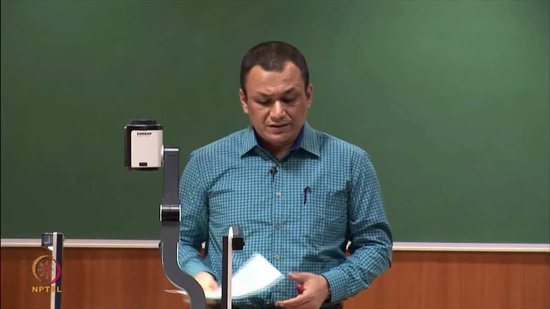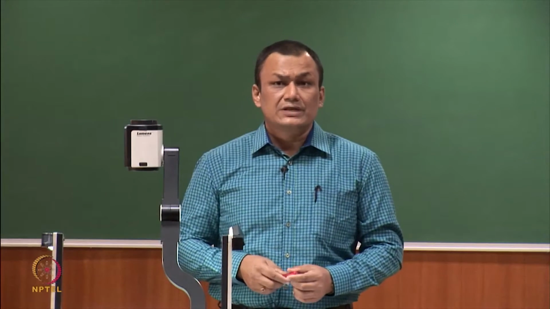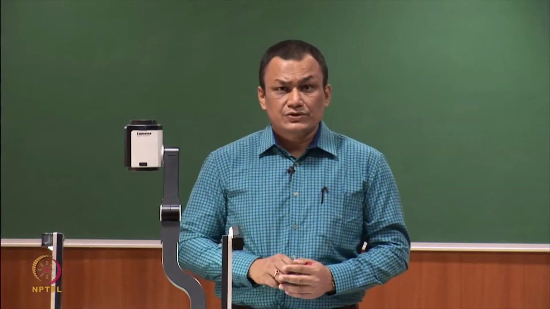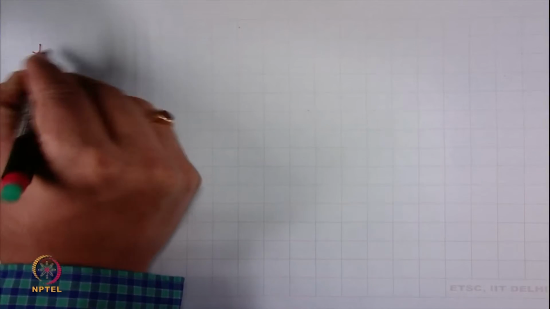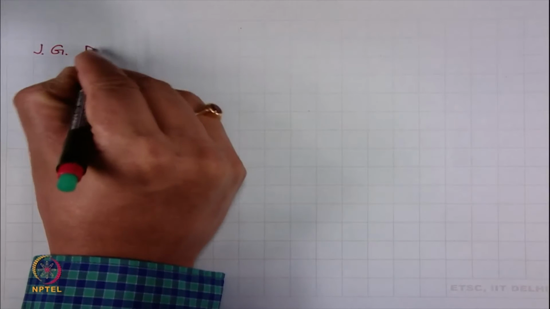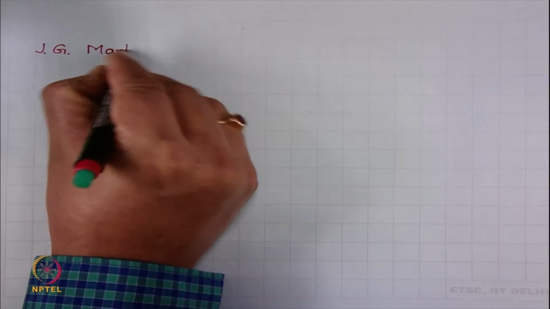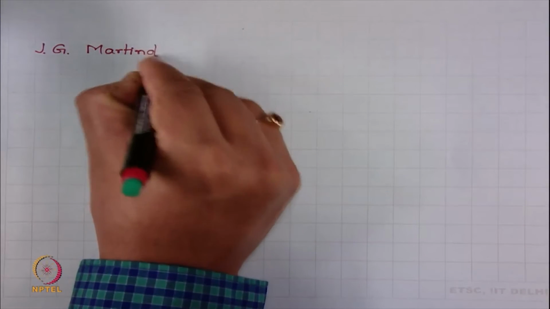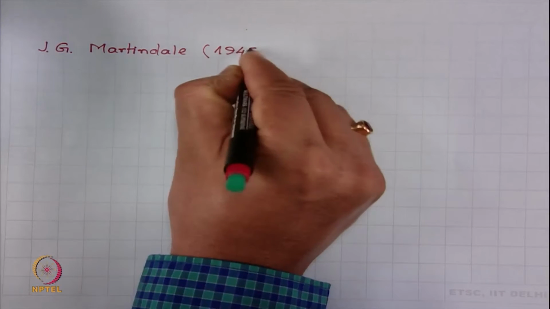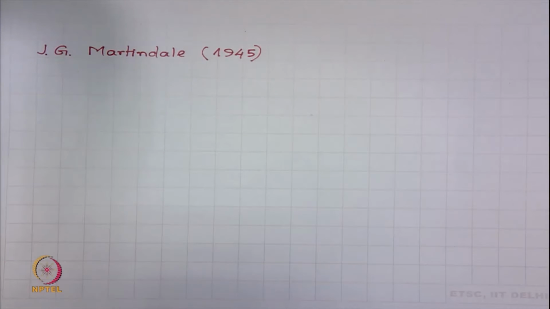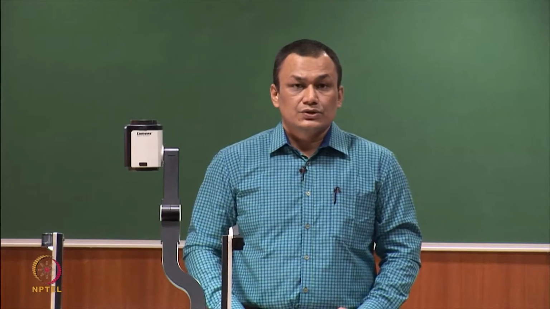Probably the first theoretical concept about mass irregularity of sliver or yarn was introduced by Martindale in the year 1945.